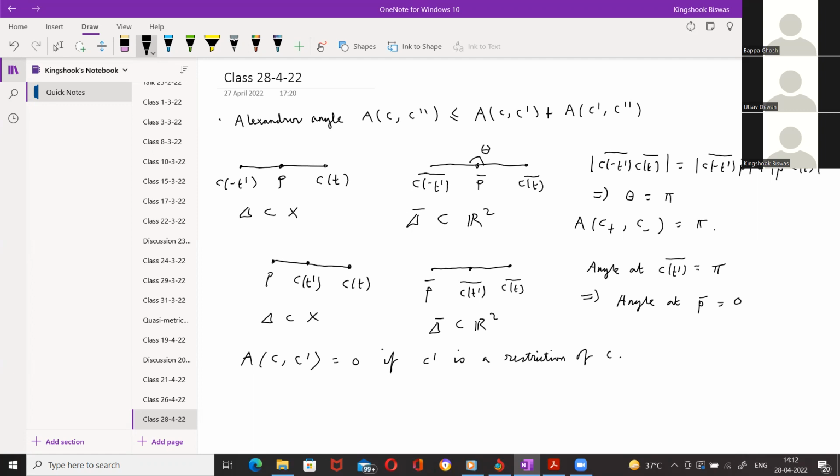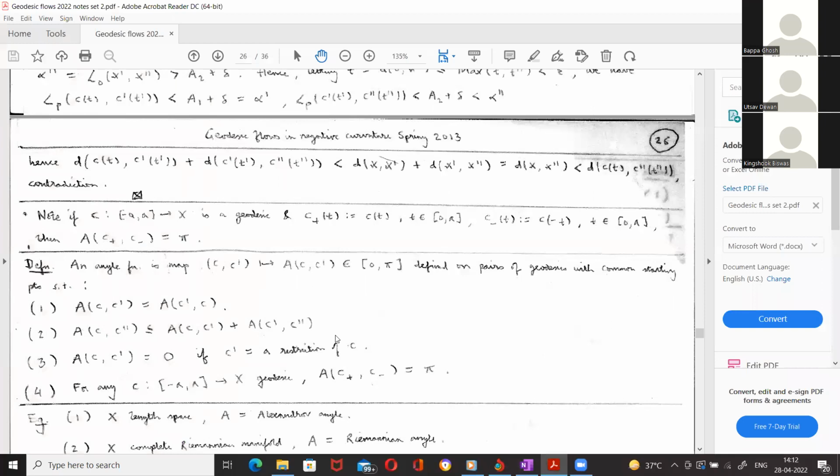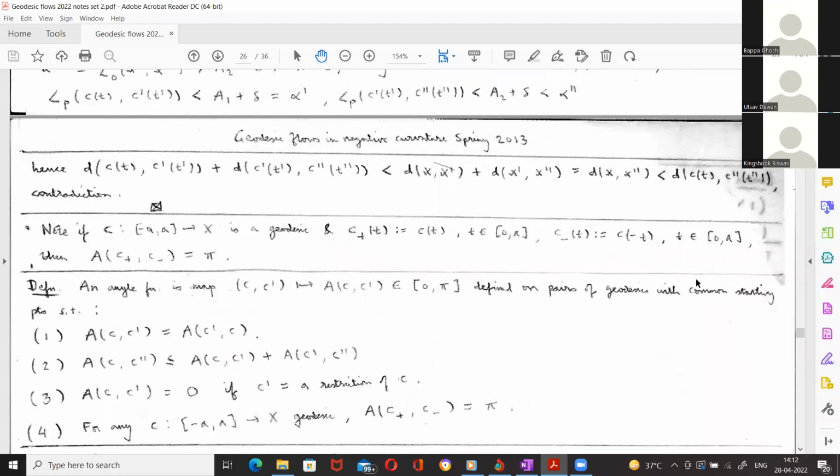All right. Now we take these properties and turn them into an abstract definition of what's called an angle function in a metric space. It's a map on pairs of geodesics with a common starting point, sending (C, C') to A(C, C'), which is in the interval 0 to pi, such that it's symmetric: A(C, C') equals A(C', C).